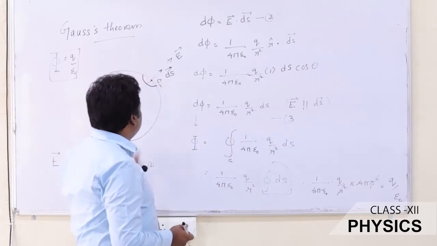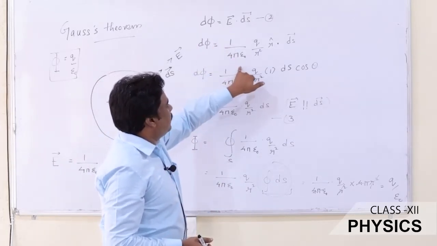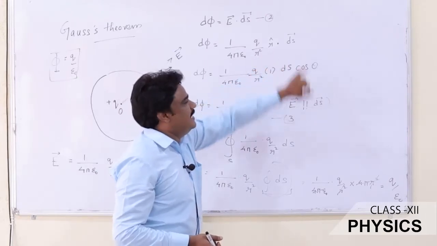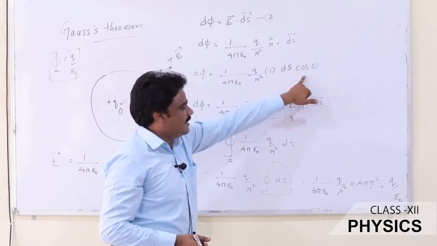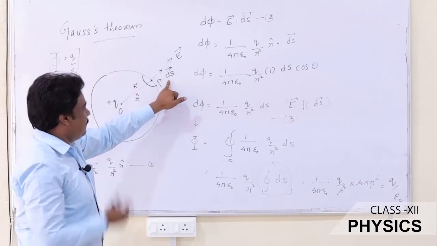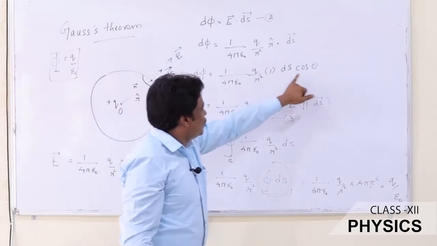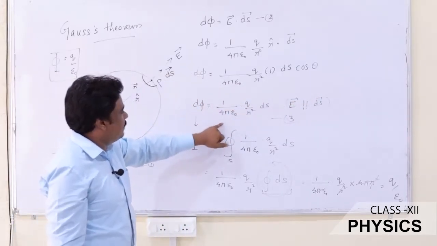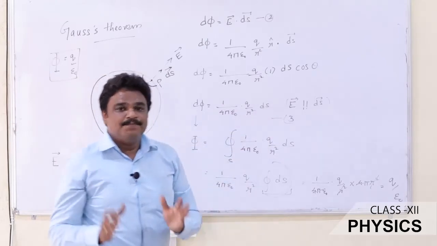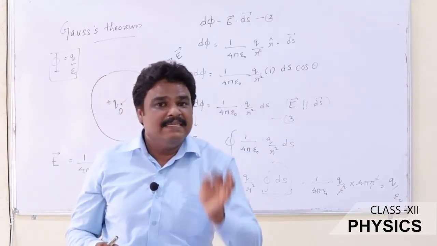Now put equations 1 and 2. D phi is 1 by 4 pi epsilon naught q by r square r cap dot ds. Remove dot, cos theta comes. Since E and ds are parallel, theta is 0. So ultimately d phi is 1 by 4 pi epsilon naught q by r square ds. This is the small flux linked with the small area.